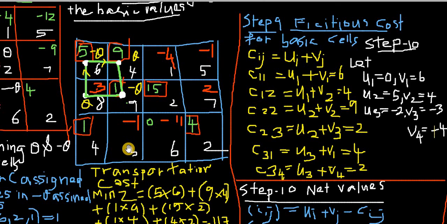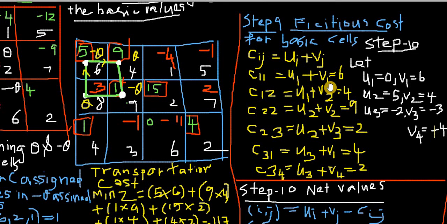If I go here, I cannot come back to my place. Therefore, I am turning back and joining here. So this is the way we can draw a loop. That is step number 11.